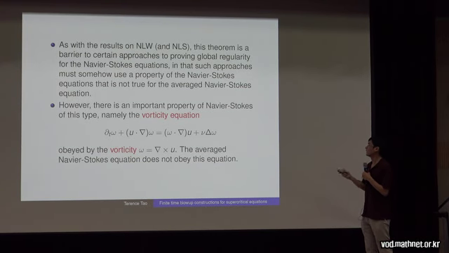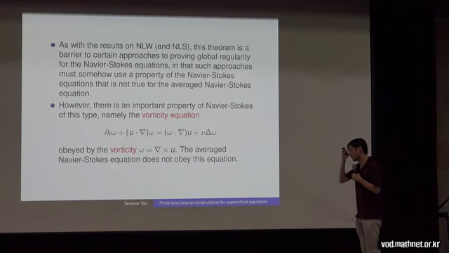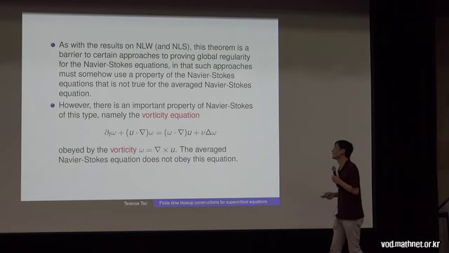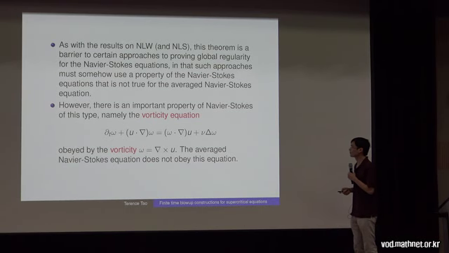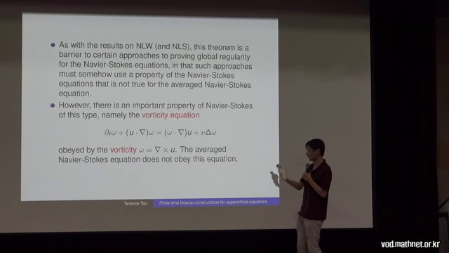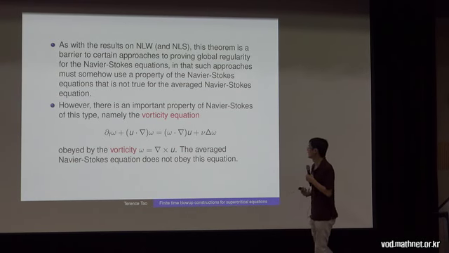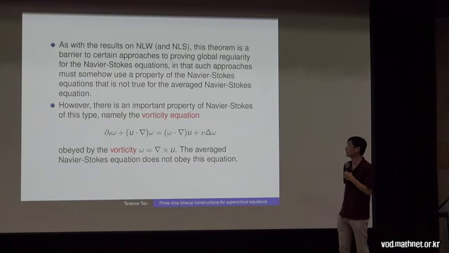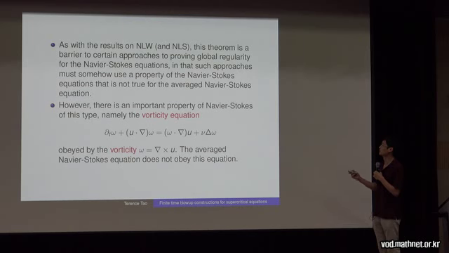For example, you can take the curl of the Navier-Stokes equation, and there's an extra equation which is very important for Navier-Stokes, which is called the vorticity equation. The vorticity is the curl of the velocity field. It measures how much your fluid spins, and this obeys an additional equation in Navier-Stokes. But this averaged Navier-Stokes equation does not obey an equation of this form.